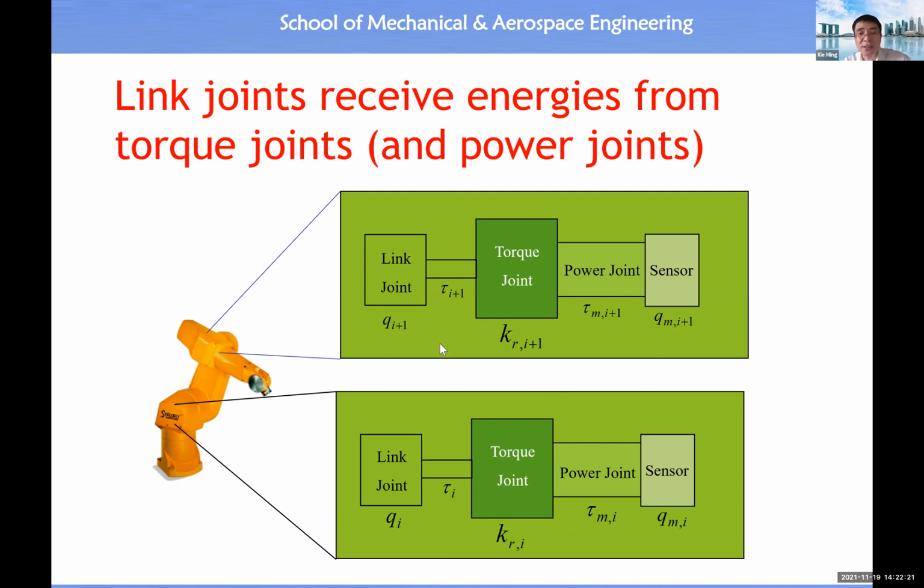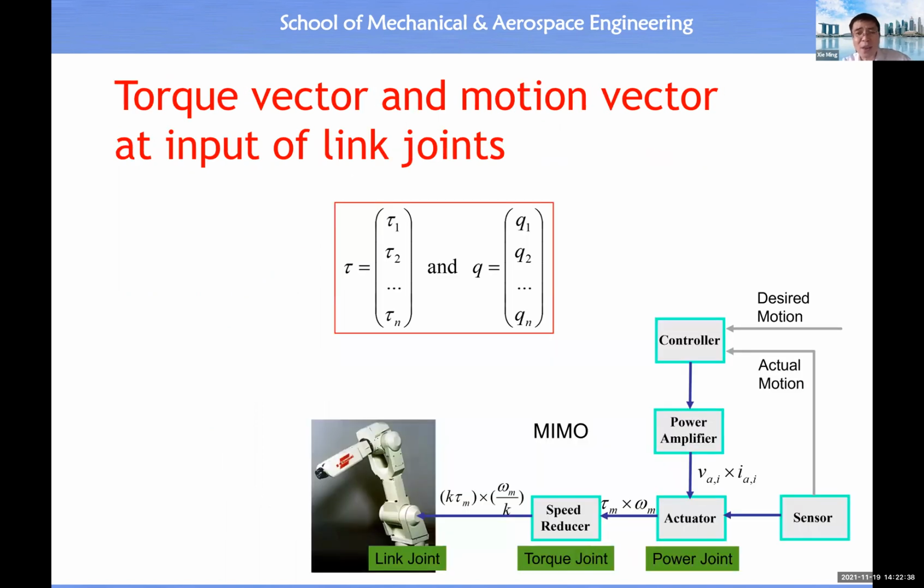Okay, so if let's say we have n such joints, then we can have this relationship for each of them. We just use i to indicate this is the i-th joint, i equal to 1, 2, 3, 4, up to n. All right. Then we can put the input torques to the link joints together to form this vector, and the angular positions of the link joints together.